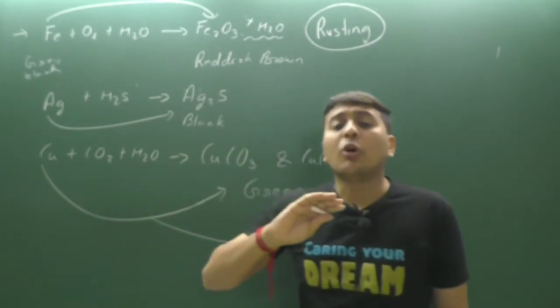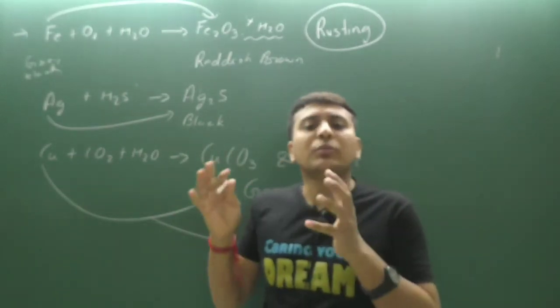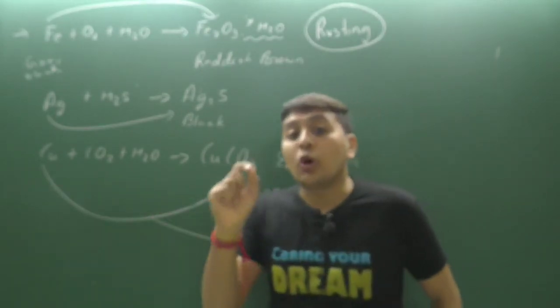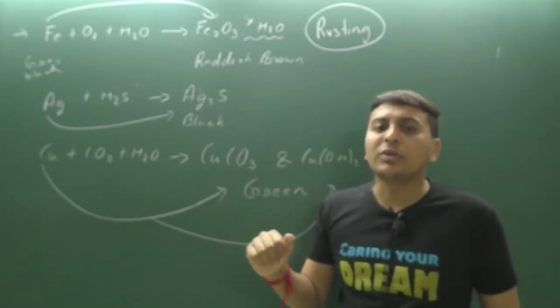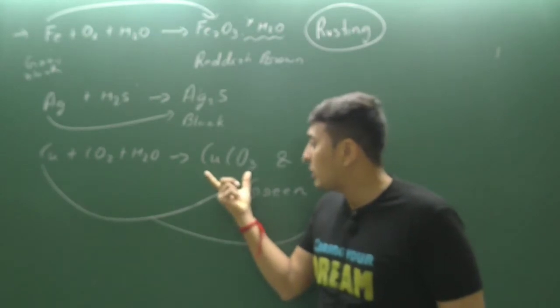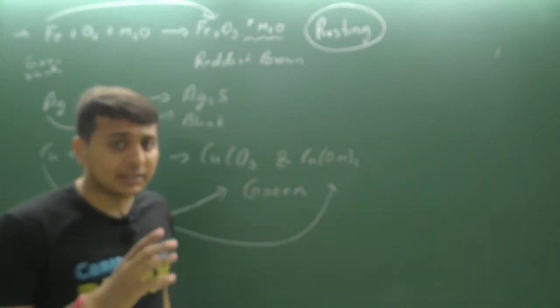Similarly, on copper vessels, for example a copper water tank, which are mostly present in our homes, we see green patches. There is a green layer formed on the copper vessels. That is because of the copper carbonate and copper hydroxide formation on the copper vessels.